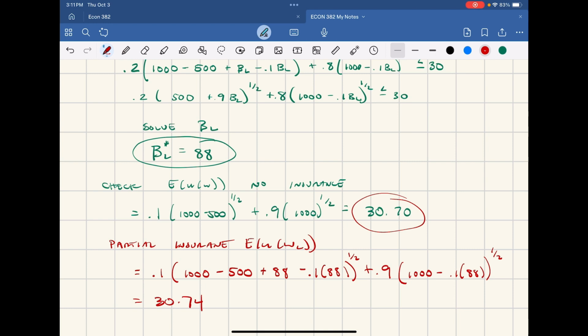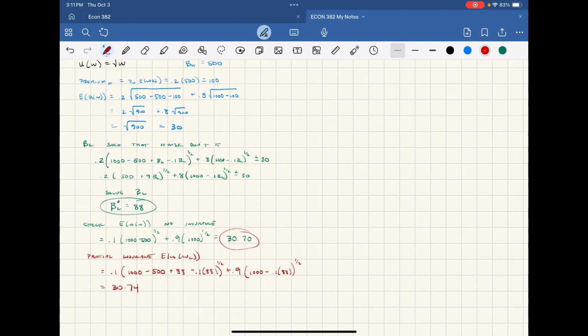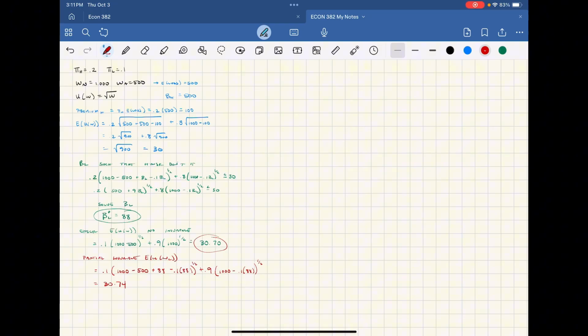So if we look at the overall problem here, individuals who are high risk are going to choose full insurance and get a utility of 30. We would then provide a partial insurance, and again, remember that the full insurance provides benefits of 500 for the unlikely event.